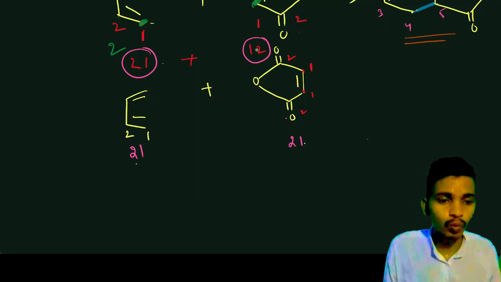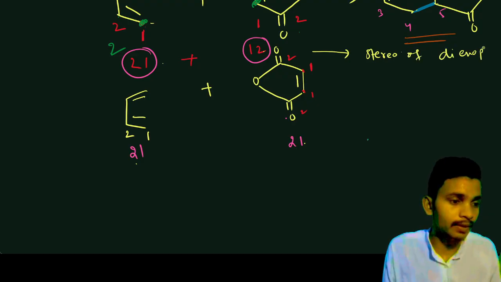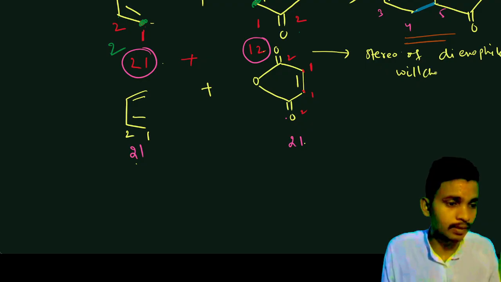So whenever 2 1 and 1 2 change, then the stereo will change. The stereo of the dienophile will change, not the diene, only the dienophile will change.